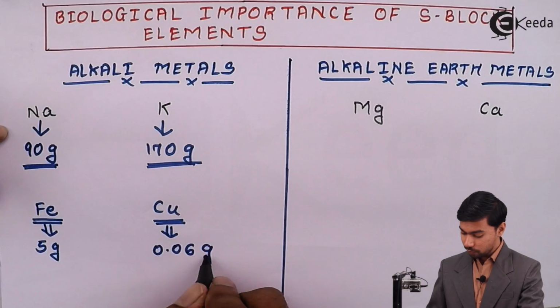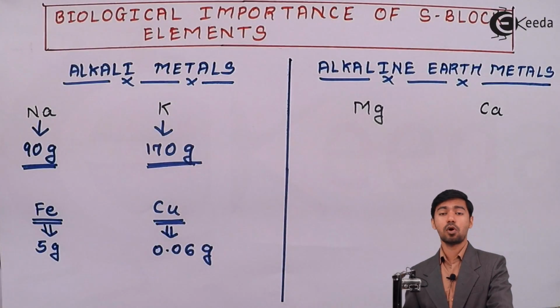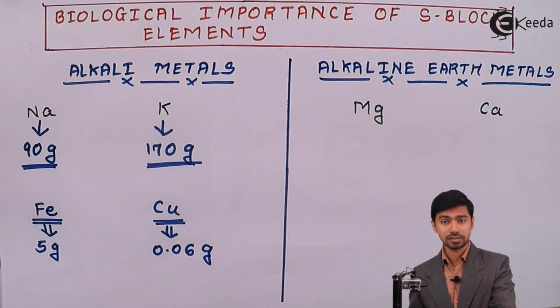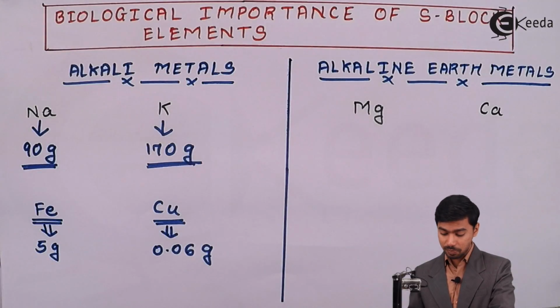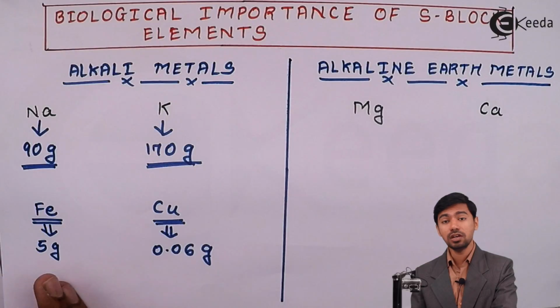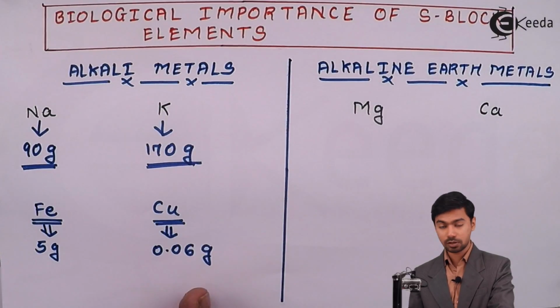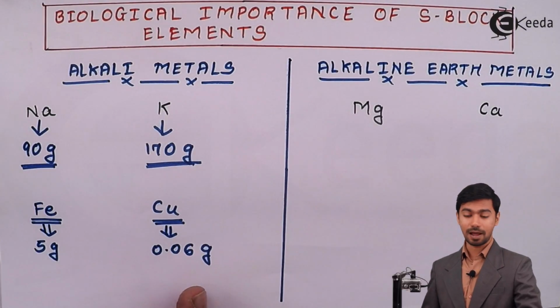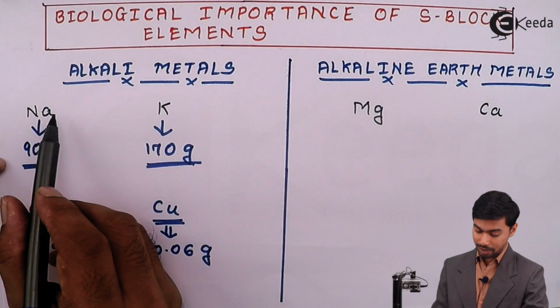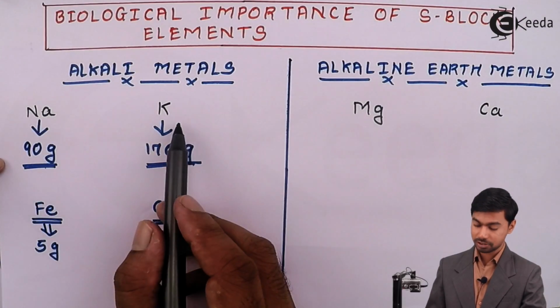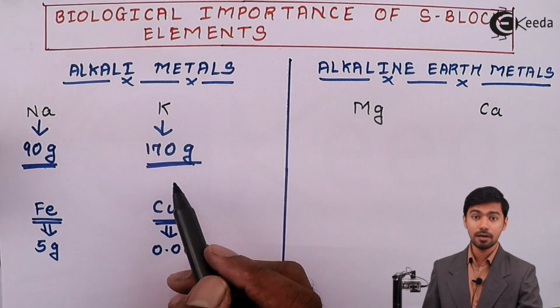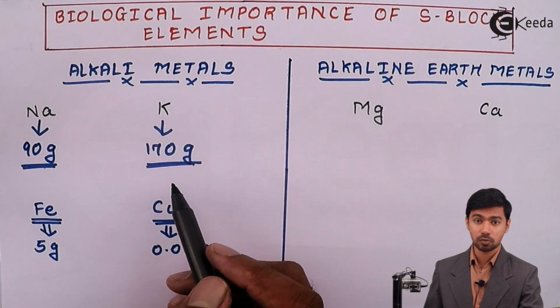Even though iron and copper are very important constituents of our body, by this comparison we can say that iron is required only 5 grams and copper only 0.06 gram, whereas the sodium requirement is 90 grams and the potassium requirement is 170 grams for a normal person.